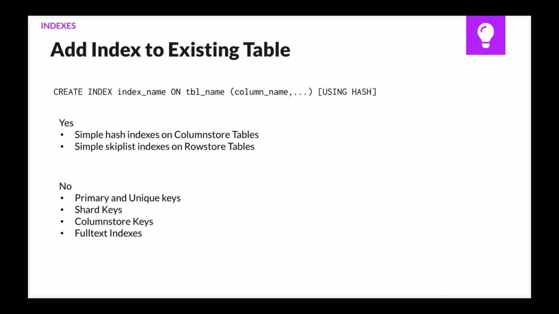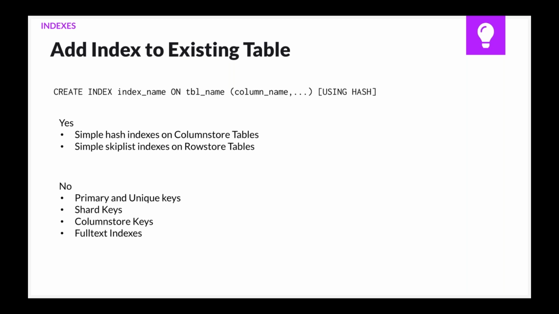These indexes are supported on Columnstore tables, your hash indexes. They're also supported on Rowstore tables, your skip list indexes. It's important to note that these indexes are on the table level, not on your keys, whether those are primary, unique, shard, column store, or full text indexes.